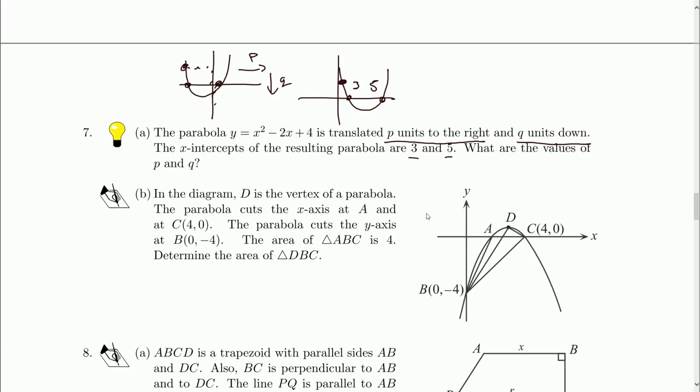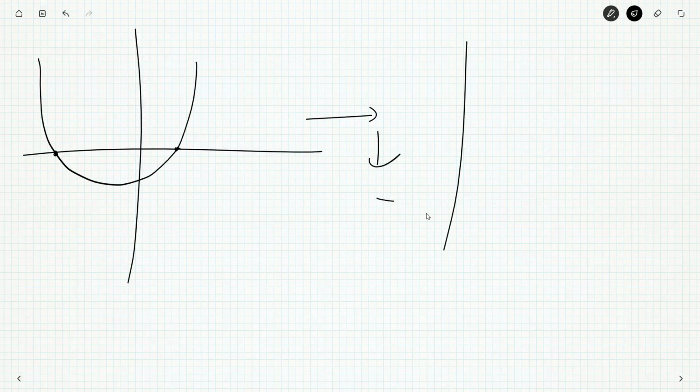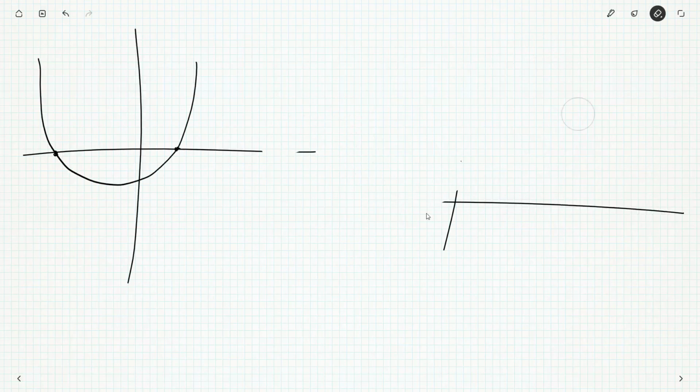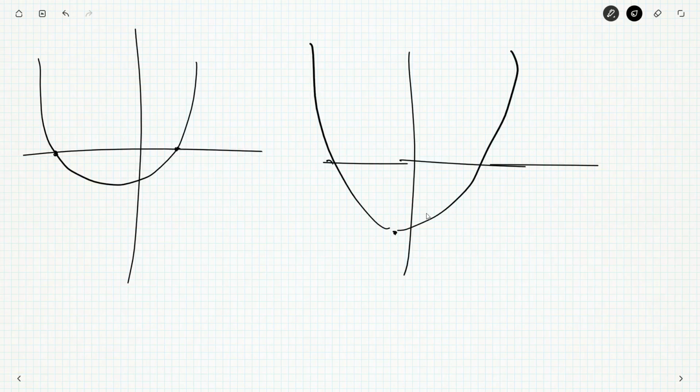What I mean by this is, if I've got, say, a parabola like this, and I shift over and down, even if I just shift down, that's what is really going to illustrate my point. If I just pull that down, the parabola takes a lot longer to reach the axes, and so these guys are now further apart.